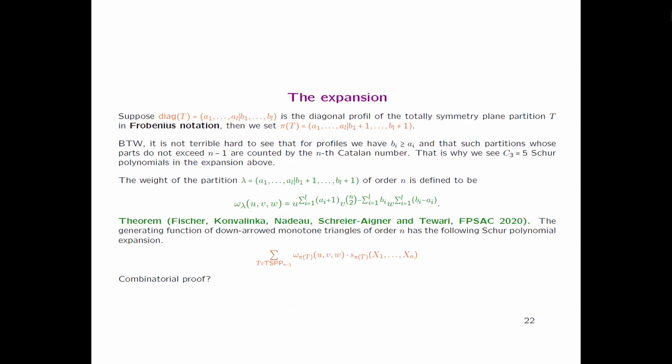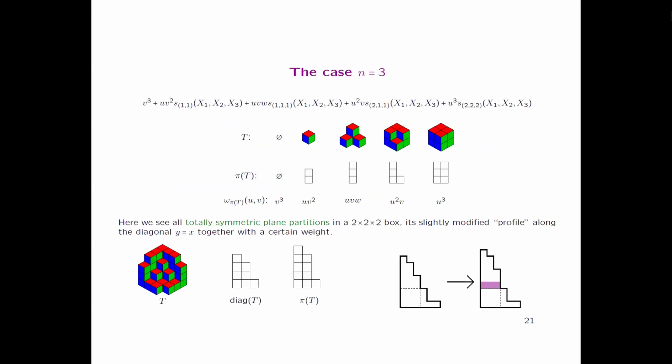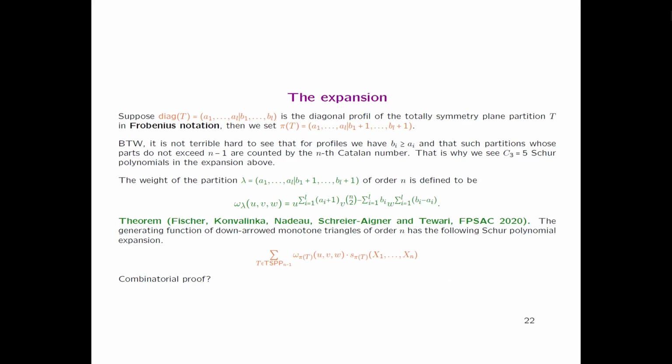So this is how you can encode the Ferrers diagram of a partition by Frobenius notation. In that way, it's actually easy. I still need to tell you what's the weight over there, this U, V, W weight. And with this Frobenius notation, that has an easy description.